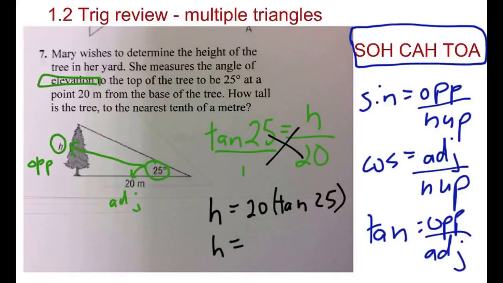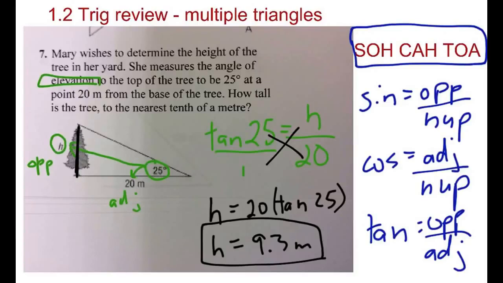Do that on your calculator. 20 times tan 25 gives us an answer of 9.3. If we round it off to one decimal place, 9.3 is good enough. So we have a height of 9.3. That's the height of that tree.